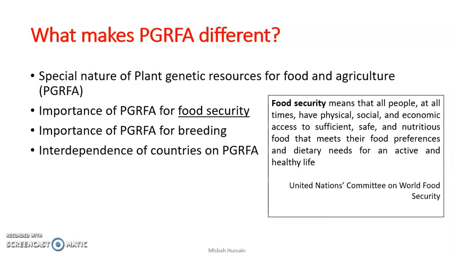Plant genetic resources are any part of the plant or any genetic material of the plants. And when we talk about plant genetic resources for food and agriculture, it means those plants that we can use as food and that are important agriculturally.